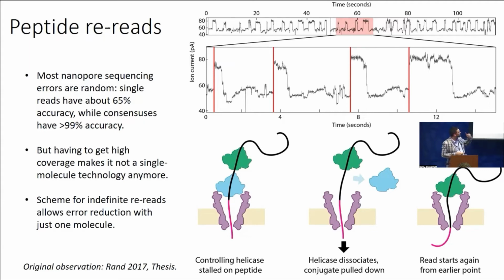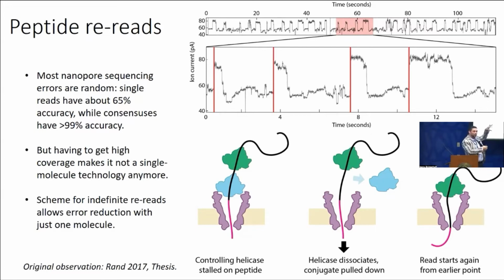This behavior was actually first observed by Art Rand and Mark Akeson's group. He wrote his thesis largely encompassing this idea. But the idea is that when the enzyme is at very high concentrations, it's very likely you have a second enzyme stacked up behind the first one. And then when the first one goes down and reaches the linker or the peptide, it falls off.